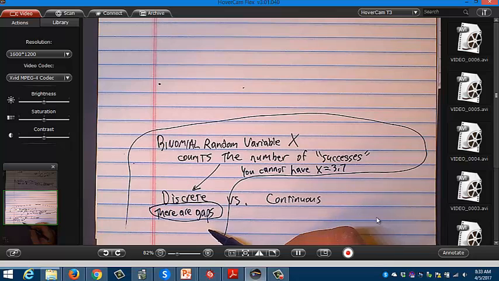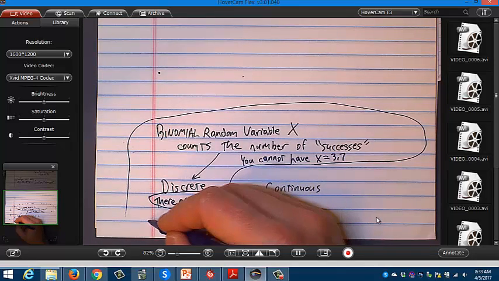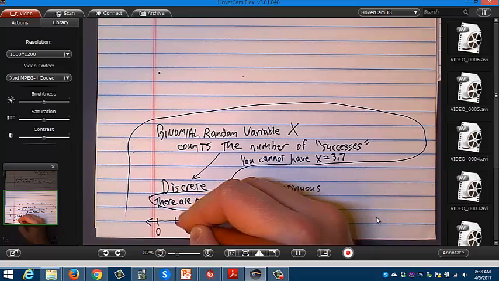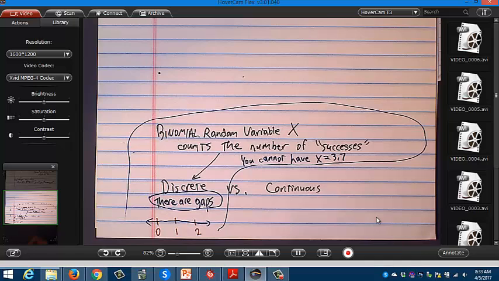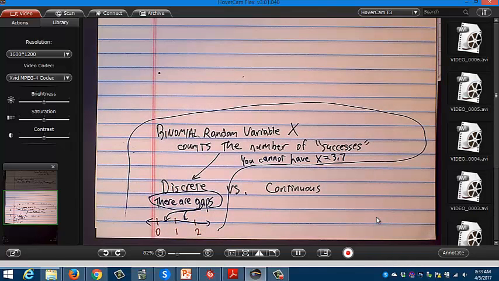So when I say there are gaps, what I mean is if you were to list all on the number line, all the possibilities, well, you could have 0 and you could have 1 and you could have 2, etc. But the gaps are in between those. You can't have 1.5 and you can't have 0.5.